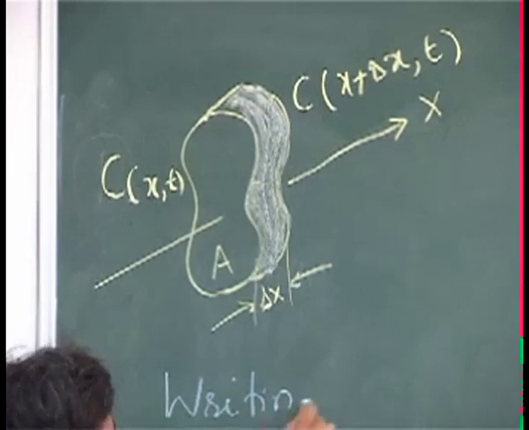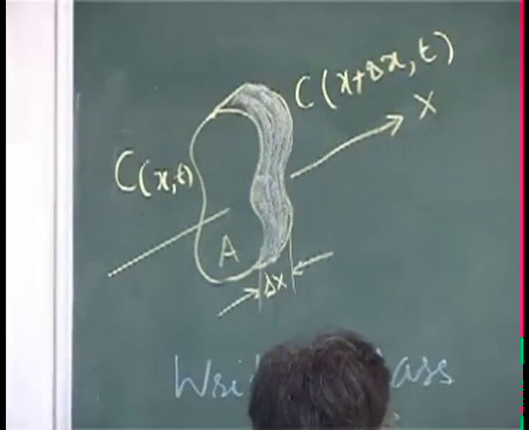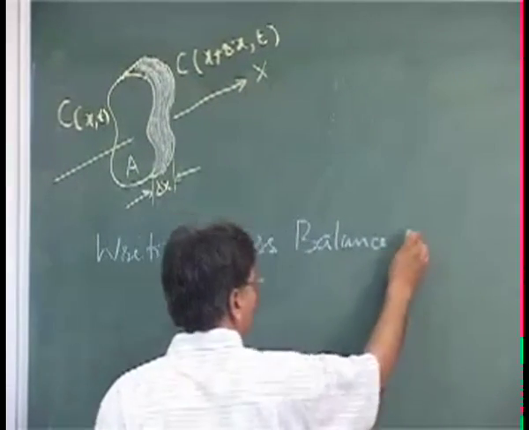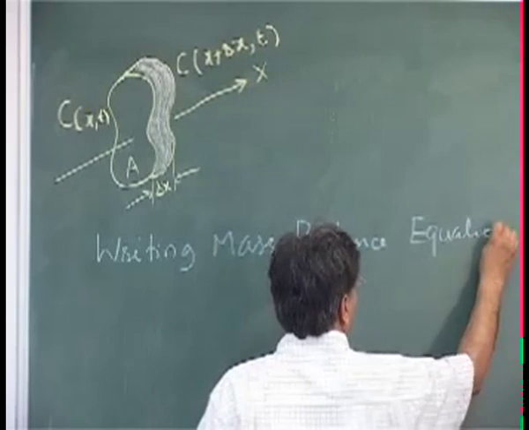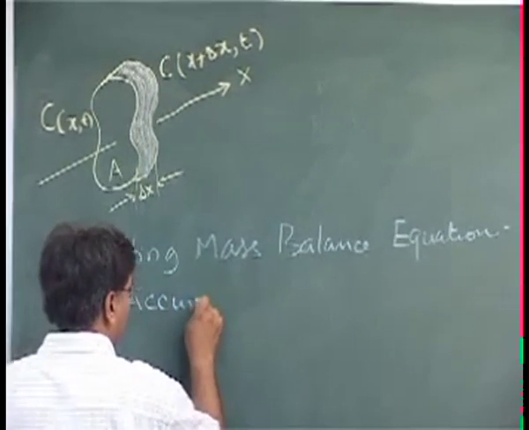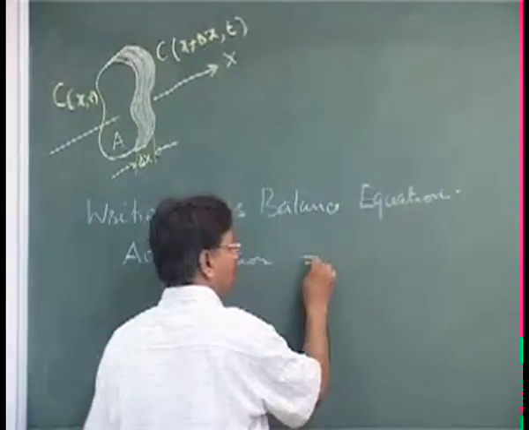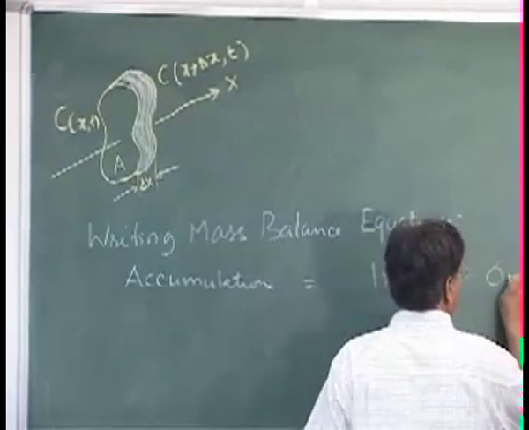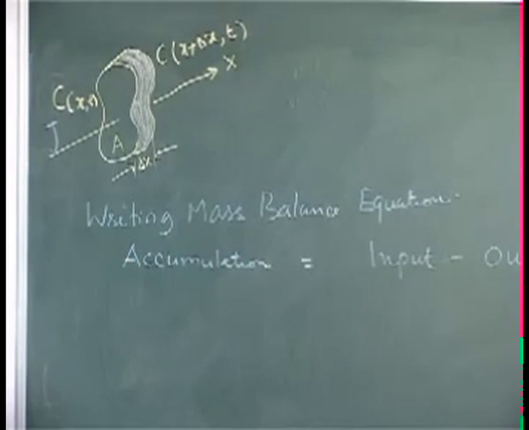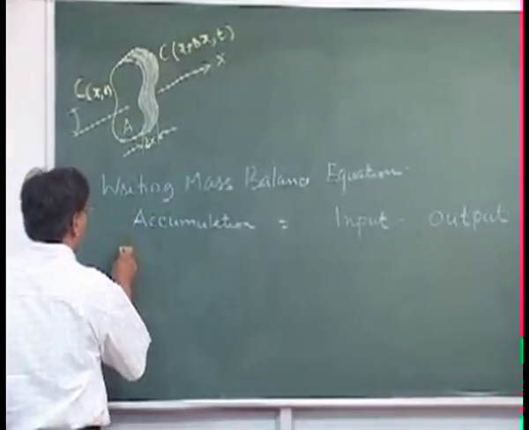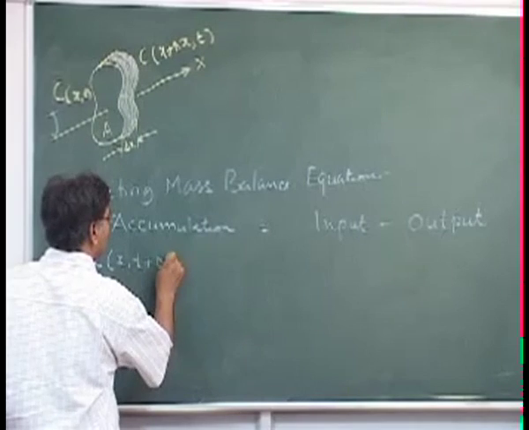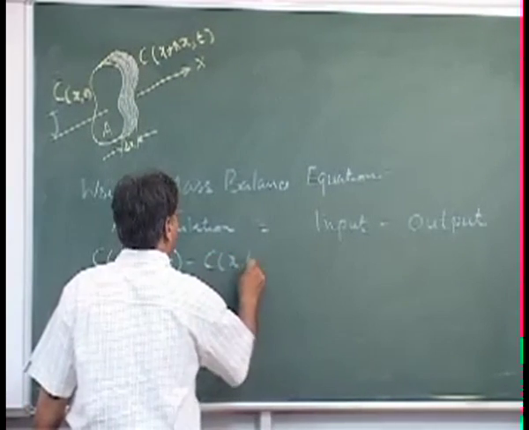Writing mass balance. I can say the accumulation inside the strip is input minus output, and the flux which I am talking about here is, let's say, J. The accumulation is the concentration at x, time t plus delta t, minus concentration at x, t.